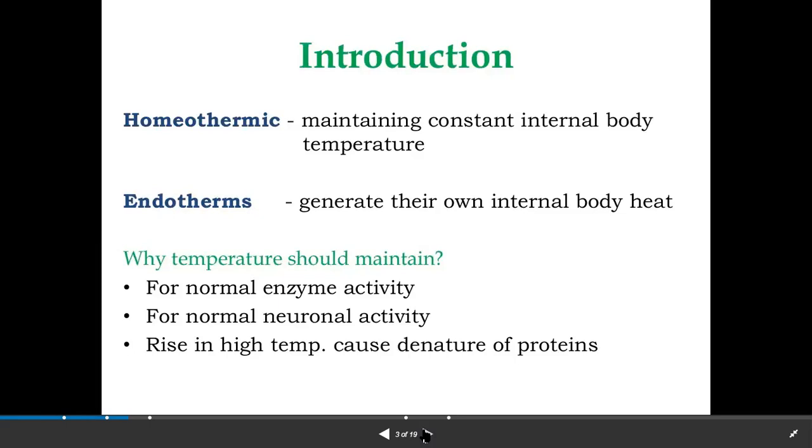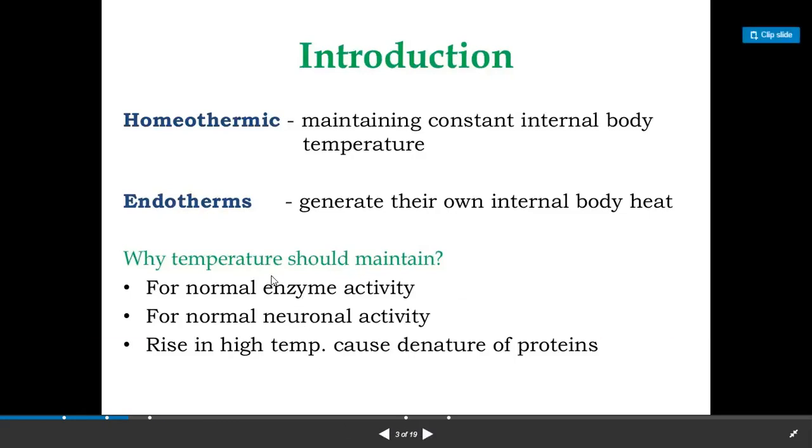An endotherm means an organism that can generate its own body heat. We humans have the ability to maintain our own body temperature. We are homeothermic in nature.